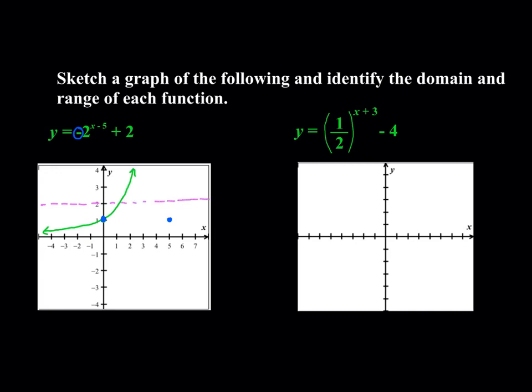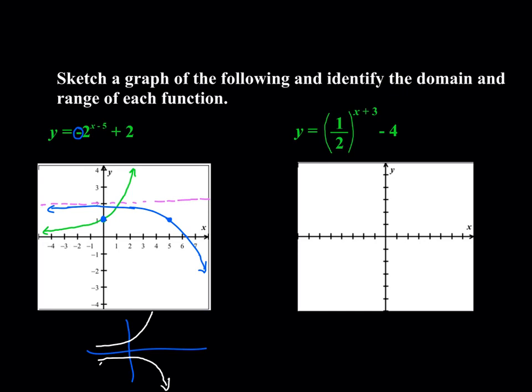All right, and our graph is going to go like this. So if you think about what has happened down here, your parent function started out like this, but there was a reflection over the x-axis, which means our graph is now going to go like this.